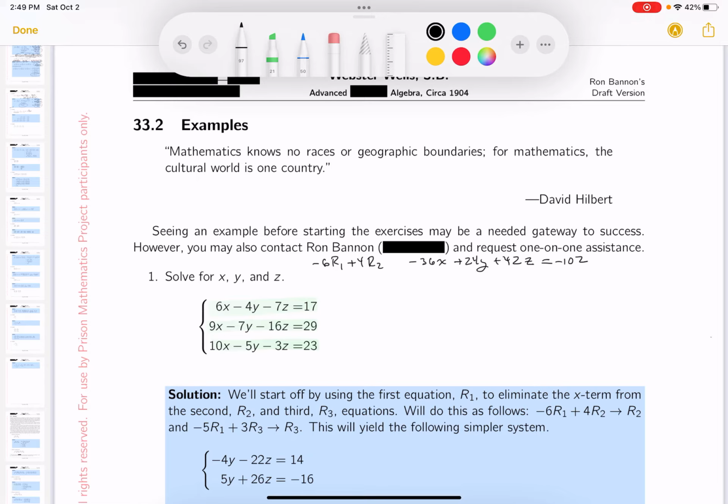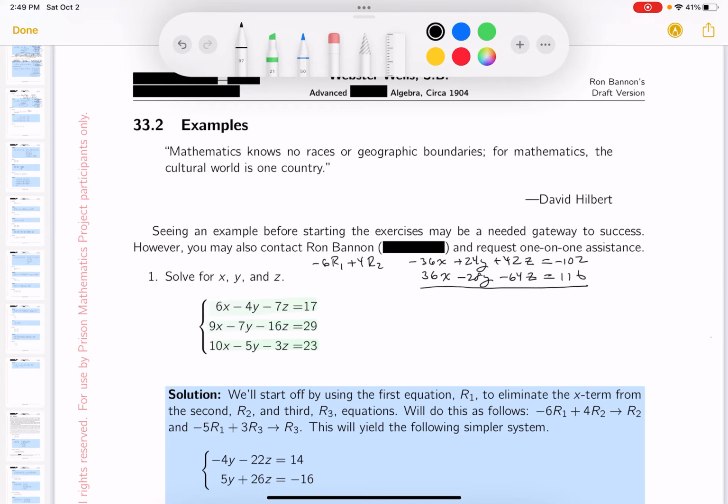And I'm going to do 4 row 2s. That's going to be 36x minus 28y minus 64z. And then 4 times 29, that's 80, and 36, 116, right? I'm going to put a little bar down and add together. I'm eliminating.